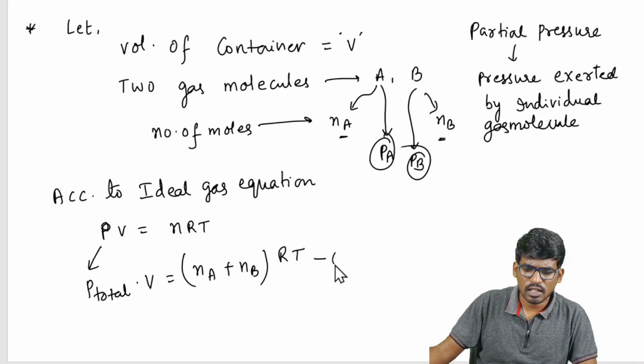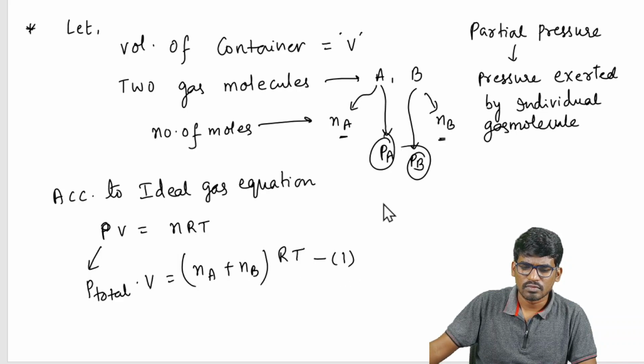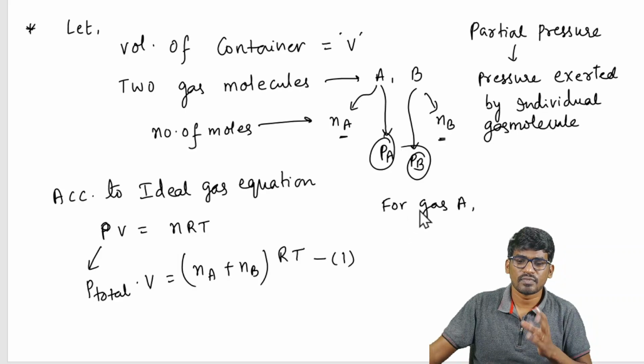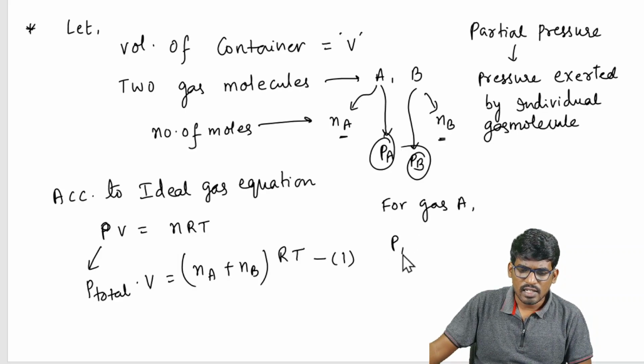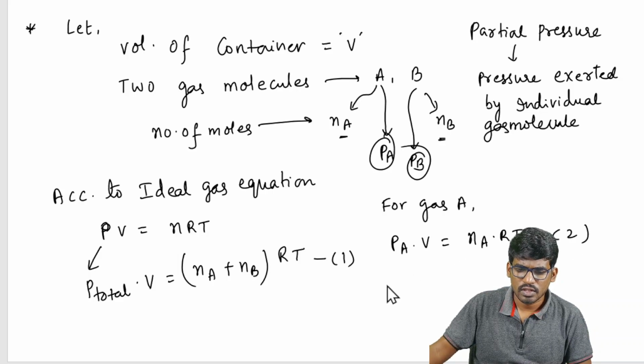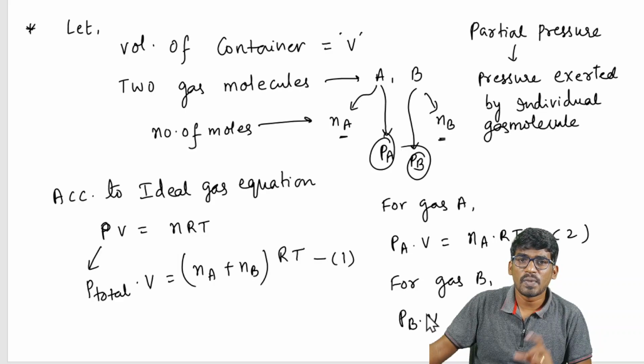Let us consider it as equation number 1. Now for gas A, PA into V is equal to Na into RT. This is equation number 2. Similarly, for gas B, PB into V is equal to Nb into RT. This is equation number 3.